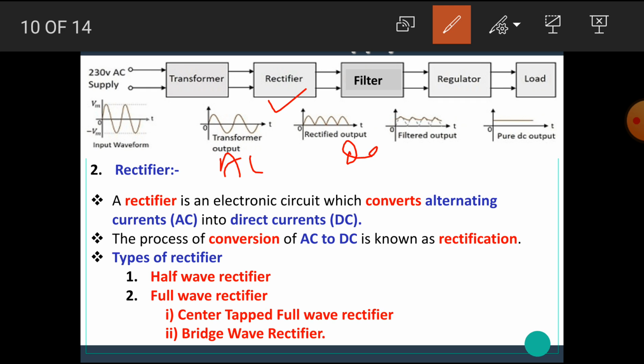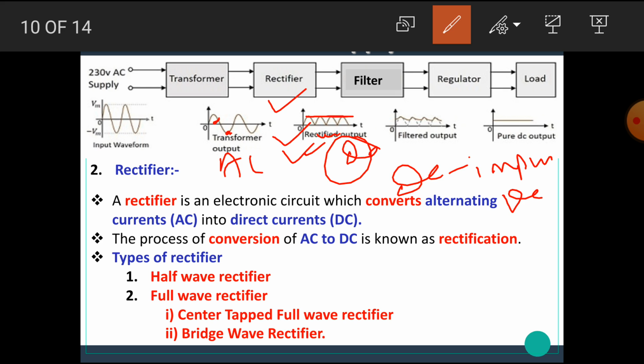Here the AC waveform has some positive values and some negative values, but the output of the rectifier is of DC type because it has only positive values. There are no negative values. So we can call this output a DC output, but this output is not pure in nature. This is impure DC, or it is also called pulsated DC.